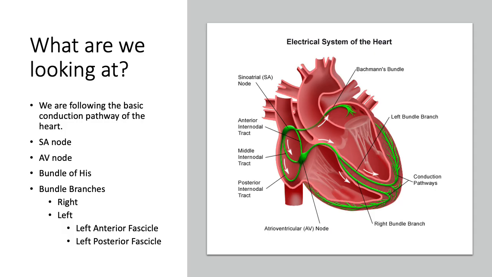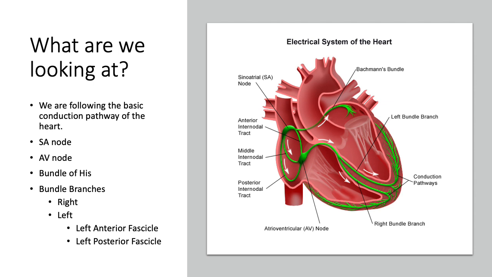So let's talk about what we're looking at on an ECG. We are following the basic conduction pathway of the heart. At this point in your education, you should be well aware of the electrical system of the heart with the SA node, the AV node, the bundle of His, and then the bundle branches.